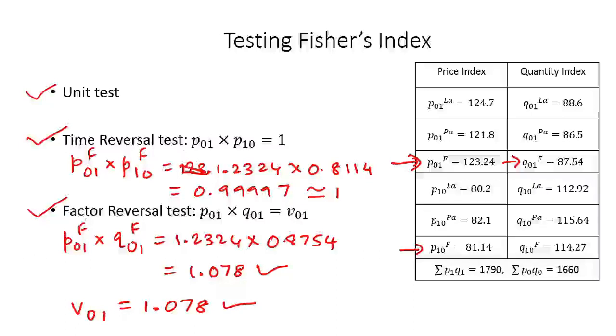That is the reason why among the 3 index numbers we have considered so far, Fisher's index number is considered the best and the most reliable one. So by default, whenever you are asked to calculate or construct an index number, we usually rely on a Fisher's index number.